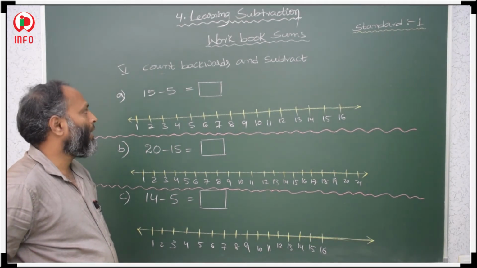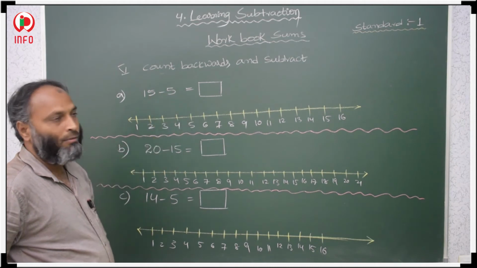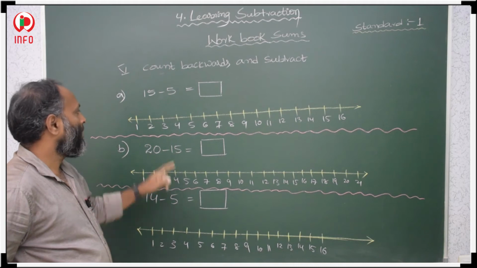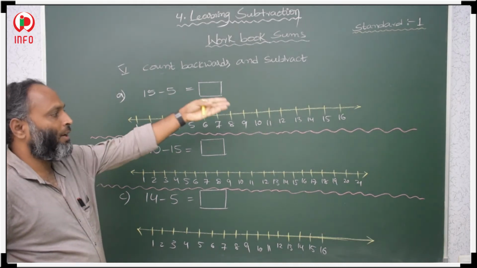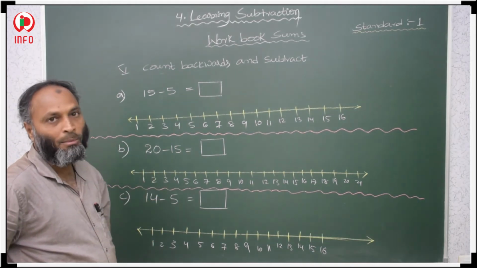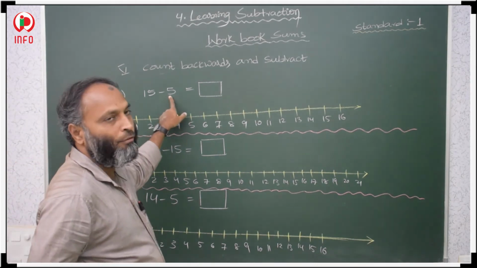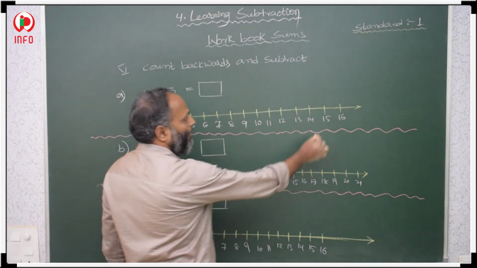Now here, count backward and subtract. How to count backward and subtract? Your first question is 15 minus 5. First we have to draw a number line. In the number line, at least we have to take till 15. You must take till 15. If you want to take more than 15, that is your wish. 5 steps you have to take backward.